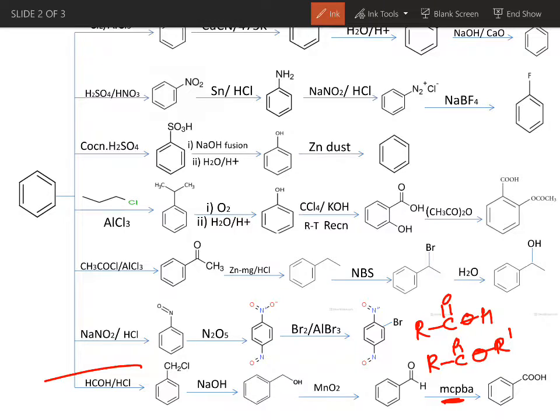So with aldehyde it forms carboxylic acid, and with ketone it forms ester. This conversion of aldehyde into carboxylic acid and ketone into ester with metachloroperbenzoic acid is called Baeyer-Villiger oxidation.